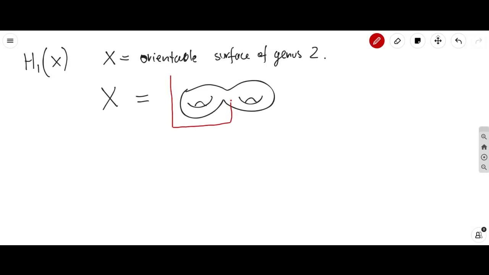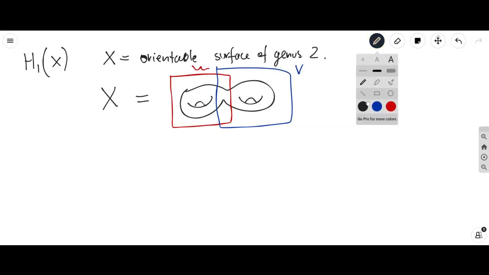This is going to be U, intersected with X, so that's the U portion. And then this is going to be the V portion. We want to find the first homology.